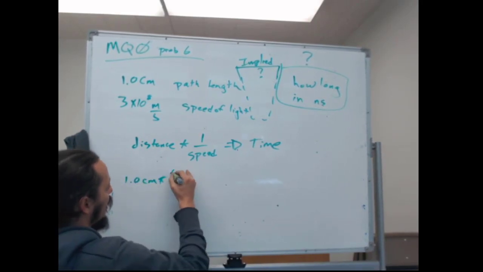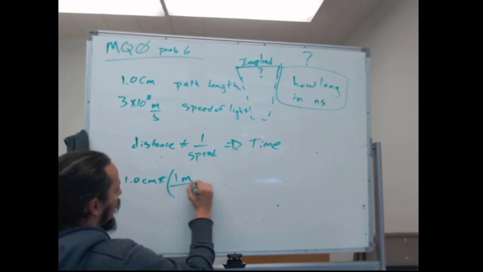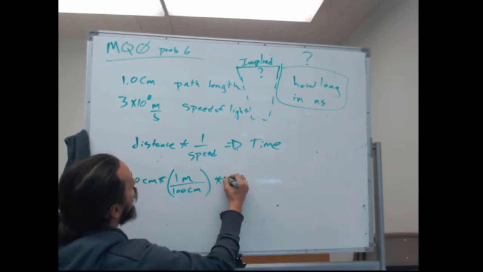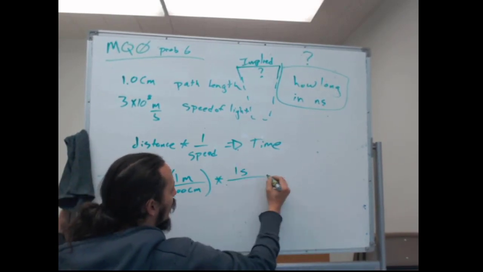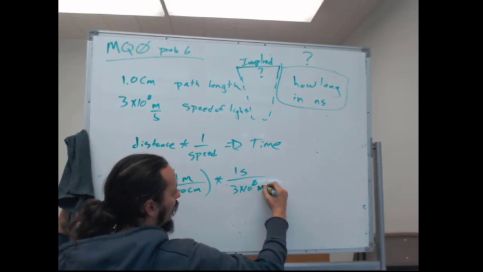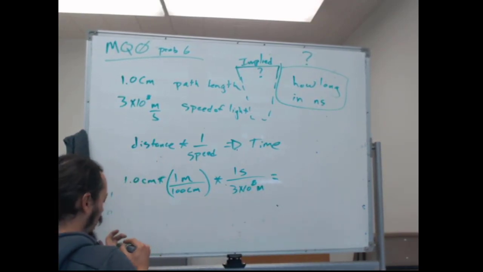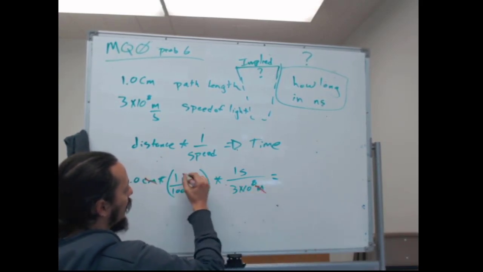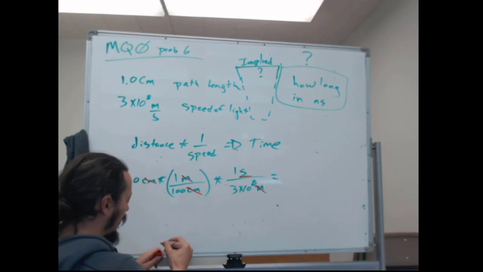So we've got 1 centimeter times the speed, which is 1 meter. Oh, like convert from centimeters to meters so that we don't mess up. 1 meter has 100 centimeters. And then we can multiply by the inverse of speed, which is 1 second is 3 times 10 to the 8th meters. Everything will cancel out nicely, and we'll just be left with something in terms of seconds.